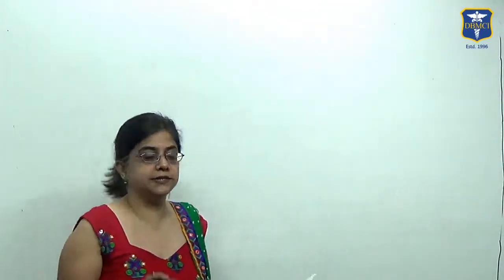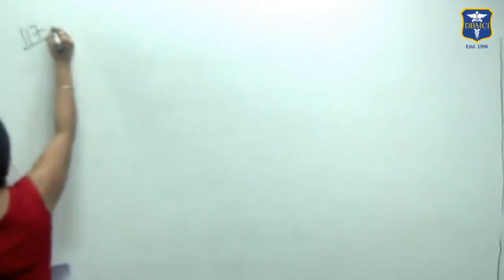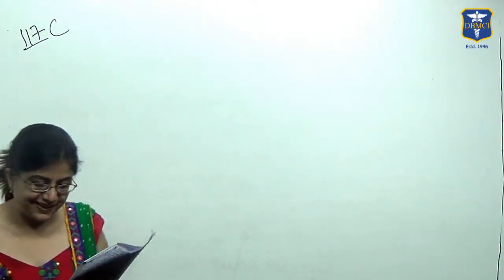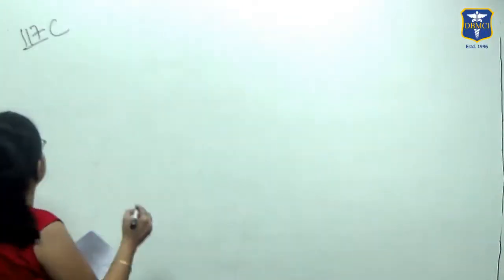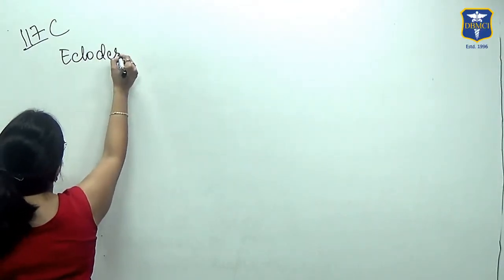Question 117, the answer is C. If we look at the other choices, then in choice A, they have written they are of mesenchymal origin, but actually they are ectodermal in origin.